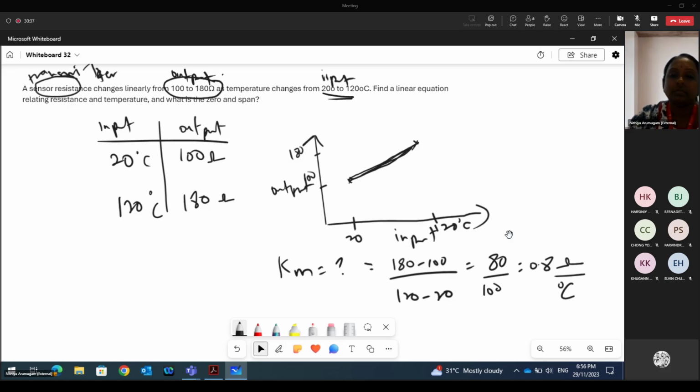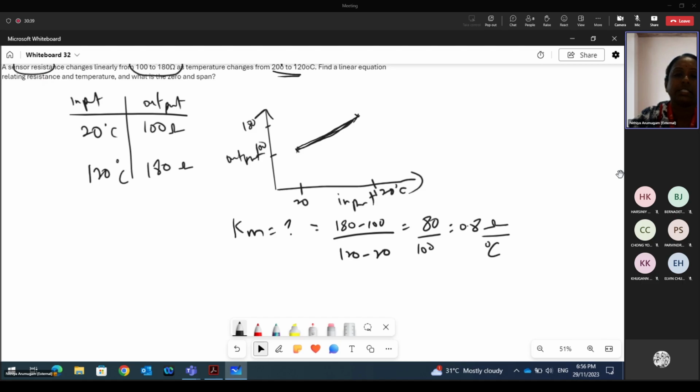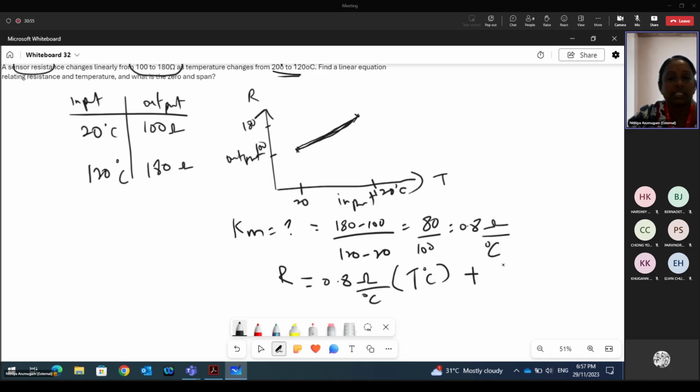The y-axis is the resistance and this is the temperature. So y equals 0.8 ohm per degree Celsius times T degree Celsius plus c, the y intersection.